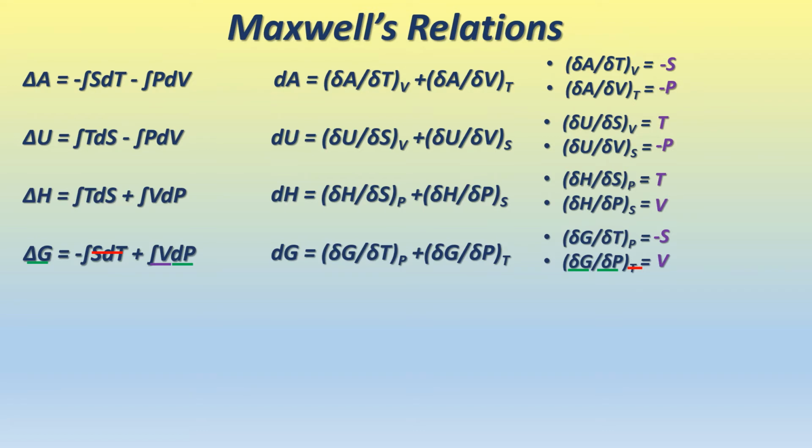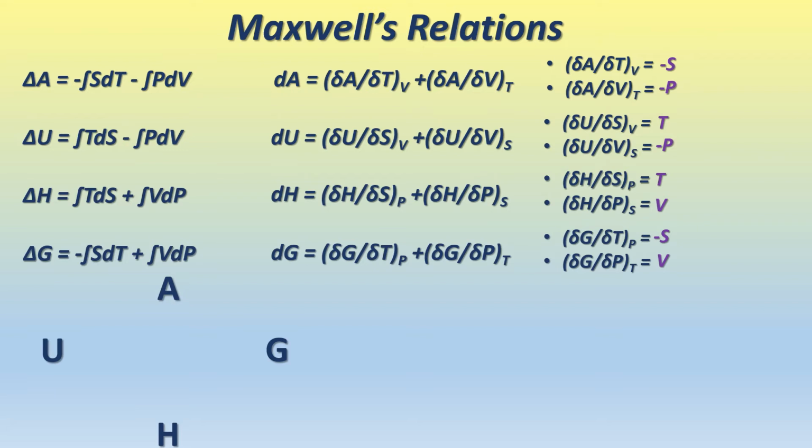Maxwell's relations are based on differential equations, which most people just don't flat out enjoy. Max Born, a very famous chemist, did not enjoy it either, so he came up with a graphical system. He made a box.